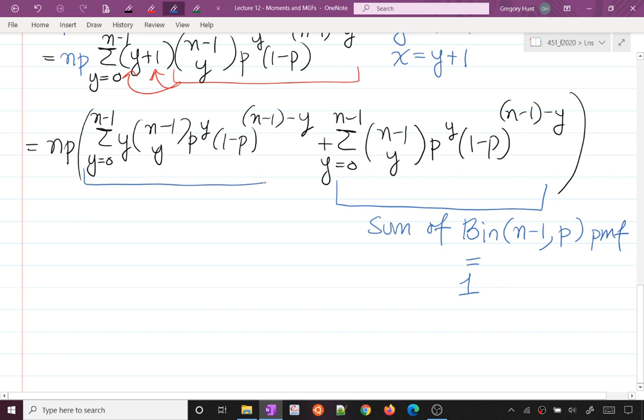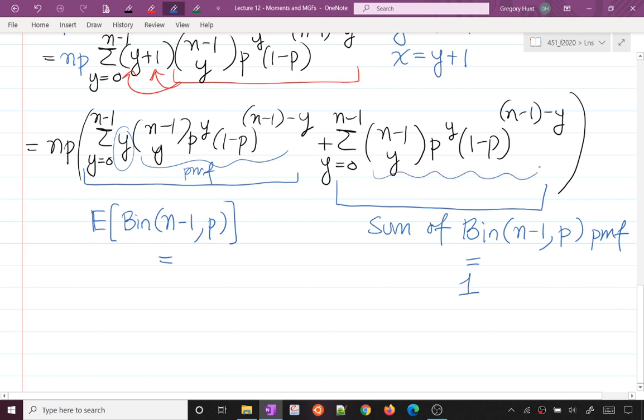And this part, if you go back and look at your notes or just calculate the expected value, this is the expected value of a binomial n minus 1, p. It's y times the PMF of a binomial n minus 1, p.